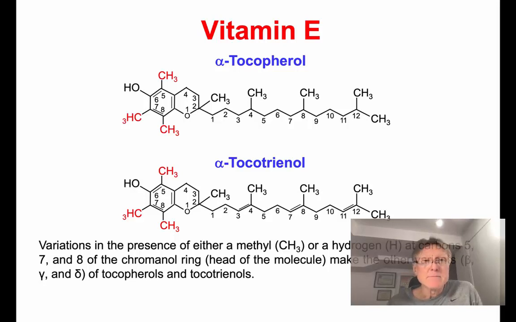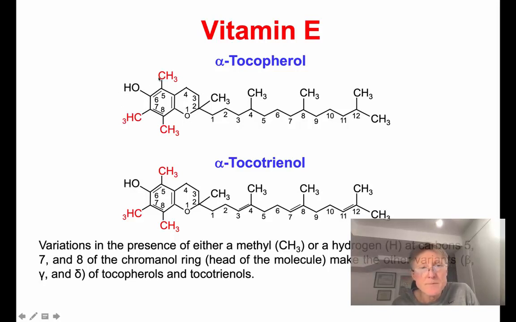But vitamin E, it's a group of molecules and basically divided into two groups called alpha tocopherol and alpha tocotrienol. So they're very similar. The difference is that when you look at the tail, on the left side here we have the rings, what is called the chromanol ring.